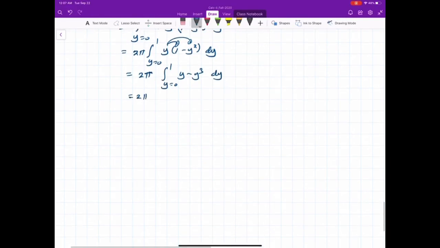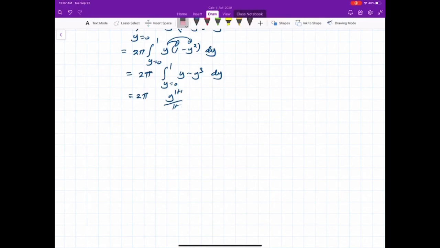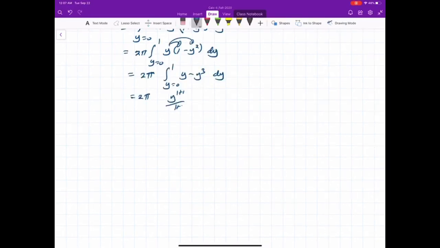And then you can integrate this by using the power rule. So this is y to the power 1 plus 1 over 1 plus 1, minus y to the power 3 plus 1 over 3 plus 1, limits 0 to 1.